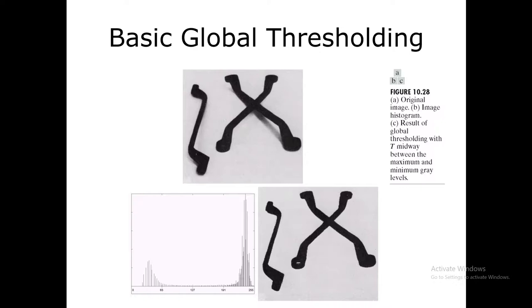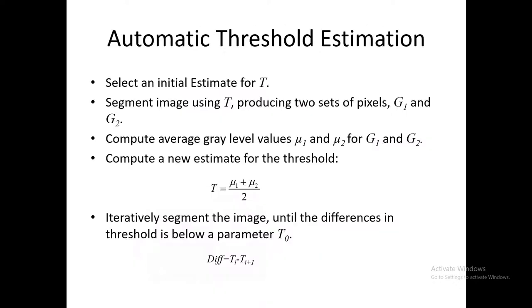But in general, the input image may not be like this, so we have to go for automatic threshold estimation. For this, we first estimate t, choosing it randomly, and then we segment the image using t. That produces two sets of pixels, g1 and g2.